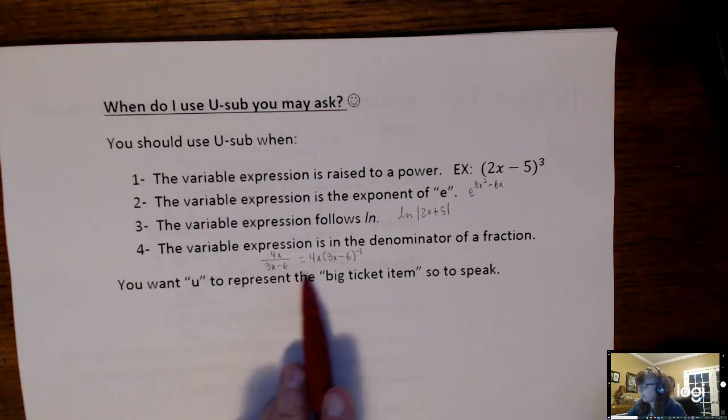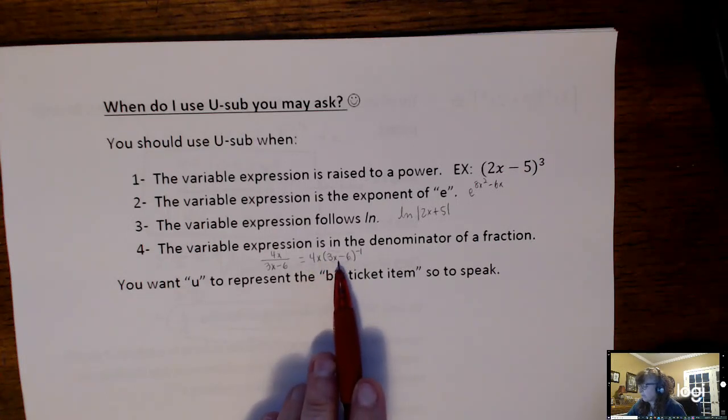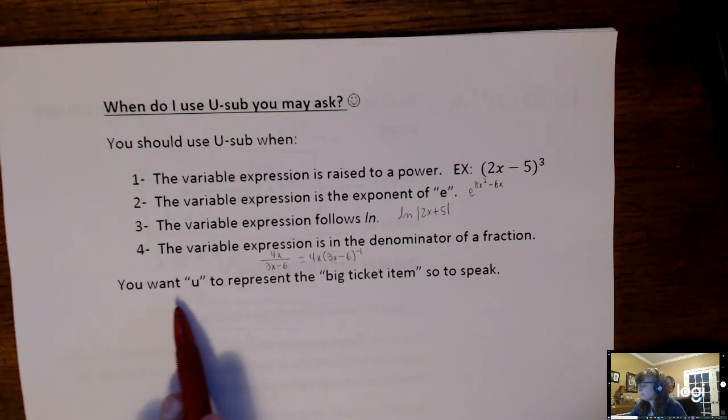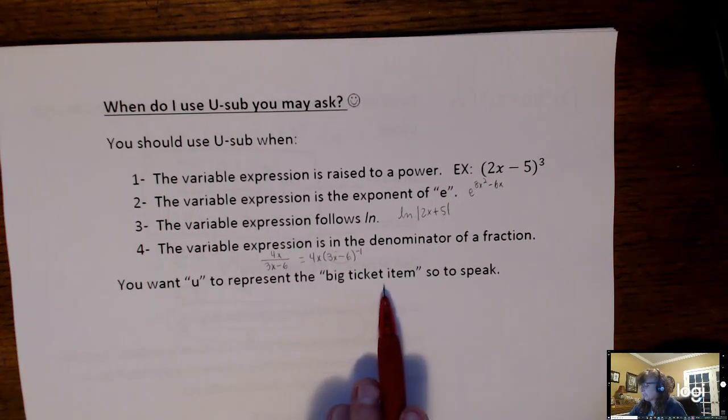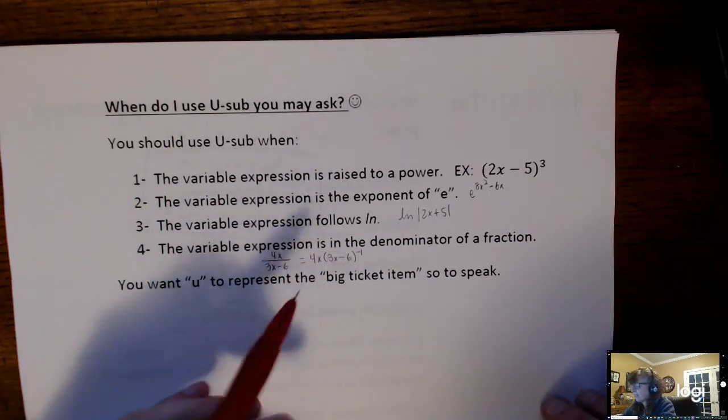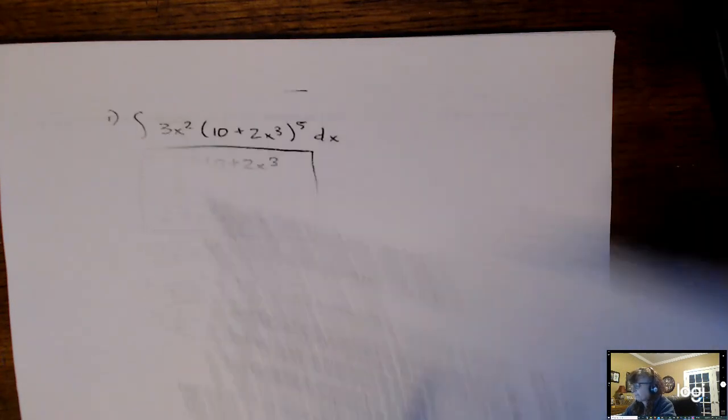So if you have a denominator, it's going to become the u when you move it up. So basically you want to think of u as the big ticket item. The most complicated looking thing that's inside of parentheses is what u will be.